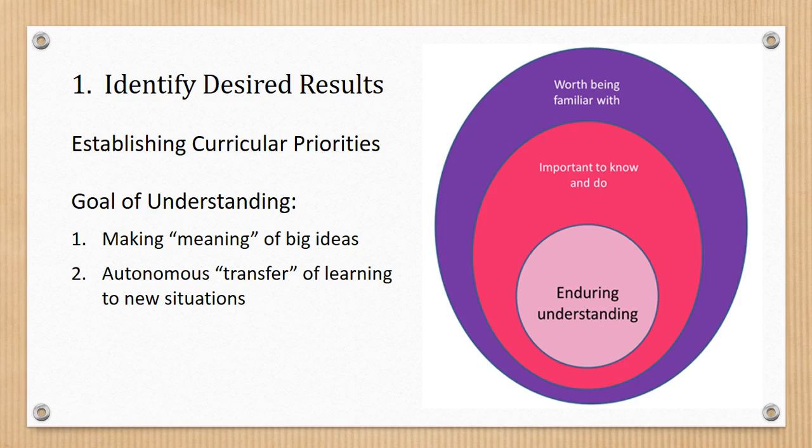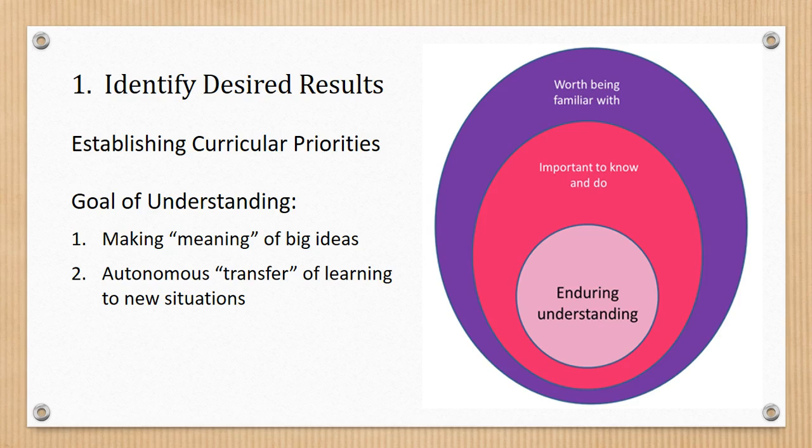Important to know and do would be major concepts, and worth being familiar with might be more of the factual elements. One thing to note in their goal of understanding things, they use the word understanding to talk about making meaning of big ideas, so that there's personal meaning for students.